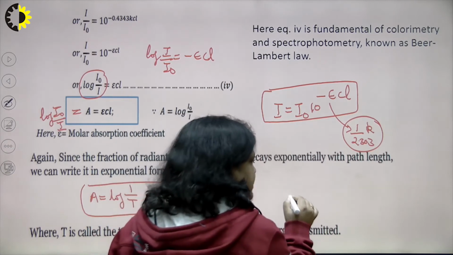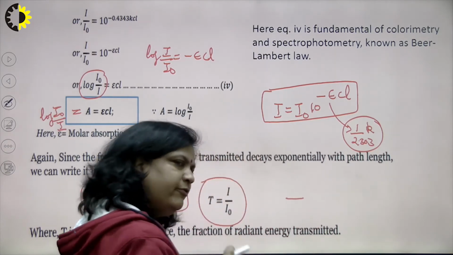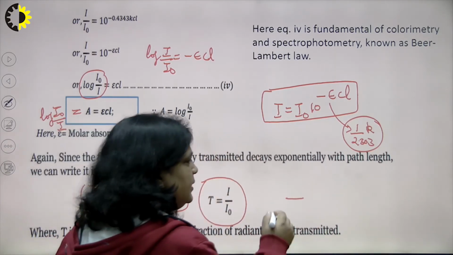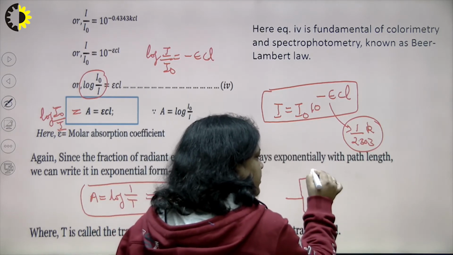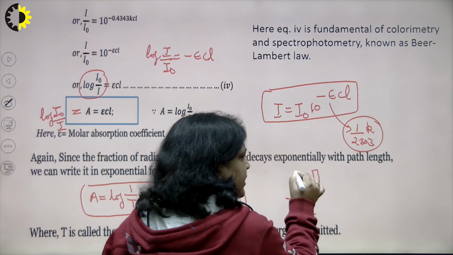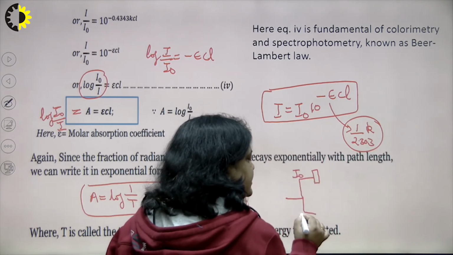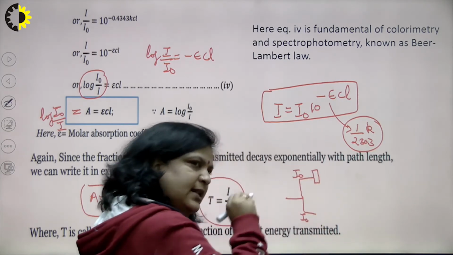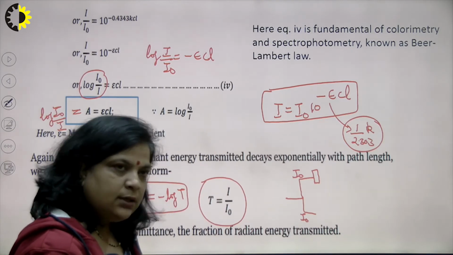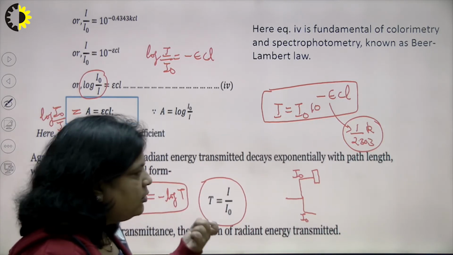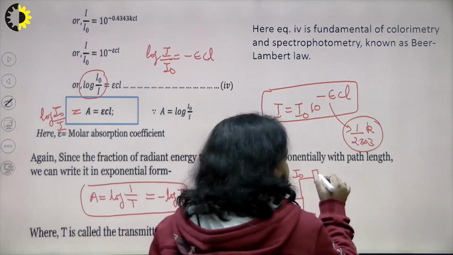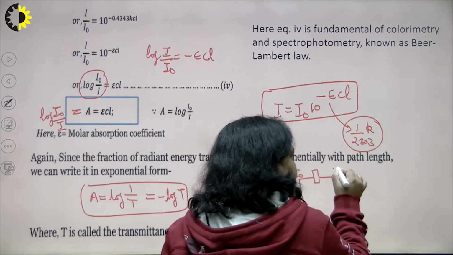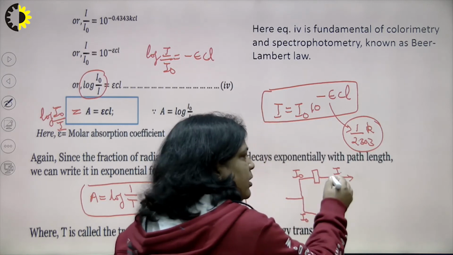And how does this transmittance value occur? In instrumentation, suppose we take a double beam spectrophotometer. It splits light into two parts, and on one side we pass this light, let the initial intensity of light be I naught. We pass this light through water or a solvent which does not absorb any part. So the light which is transmitted, its intensity will also be I naught.